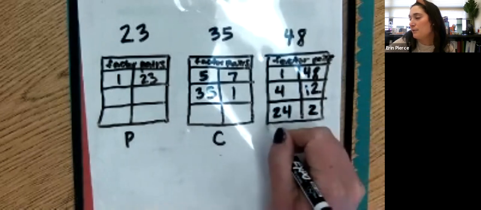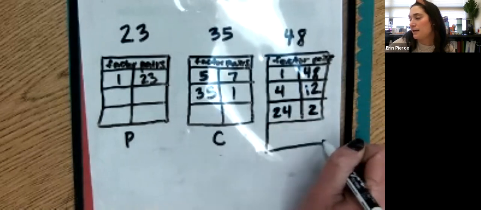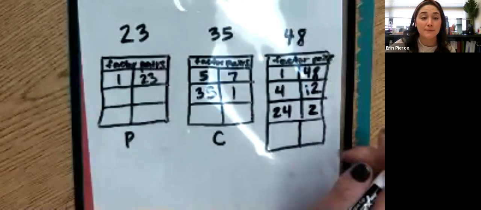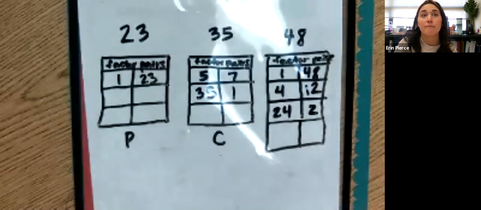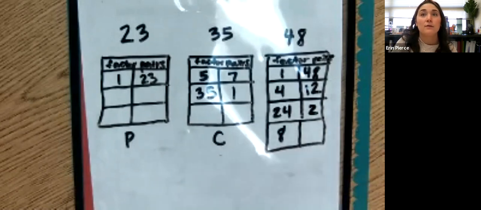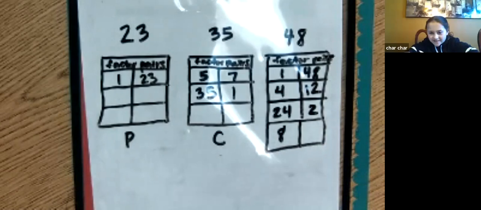Ooh, I got to make my table bigger. There's another set. Charlotte. 8 and 8.